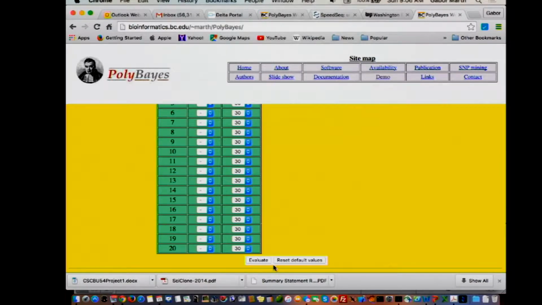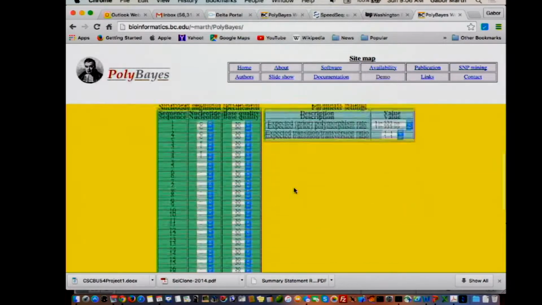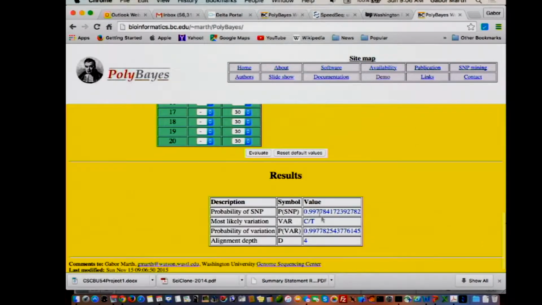I can change that too, and then I get an answer, what is the likelihood down here. I'm 99.7% certain that this really is a true polymorphism rather than an error. It was done over 10 years ago, but for some strange reason it's still up and it still works. Okay, it's fun to play with.